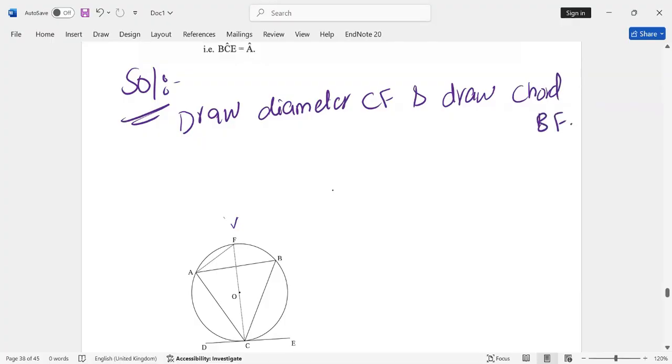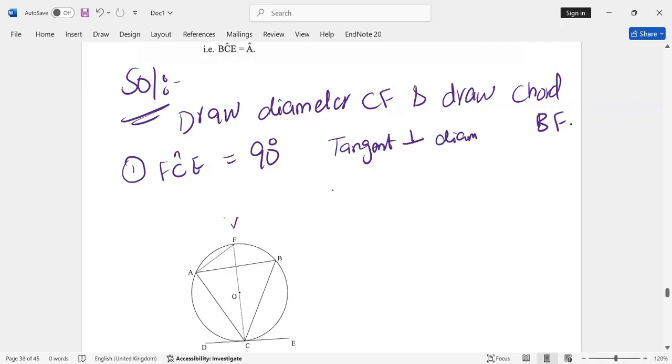Okay, so the first thing is that we have angle MCE equals 90 degree, means tangent perpendicular to diameter.